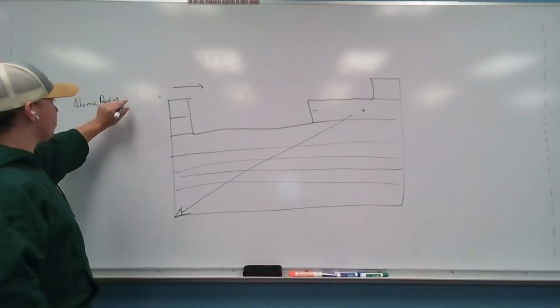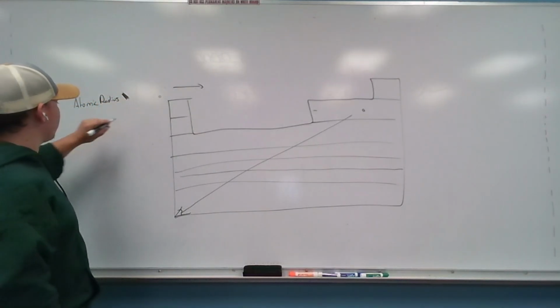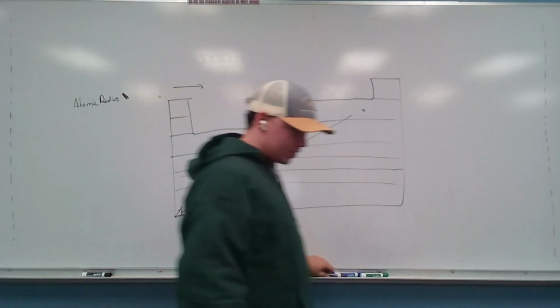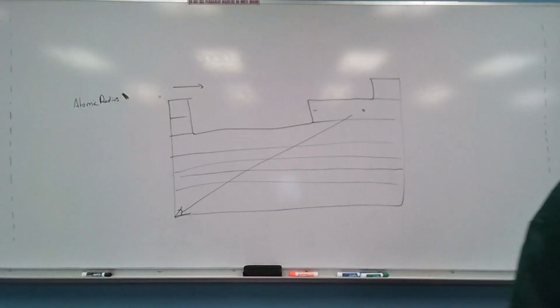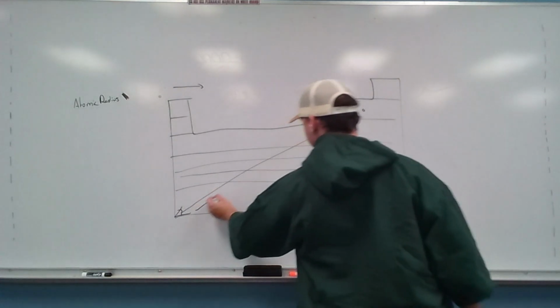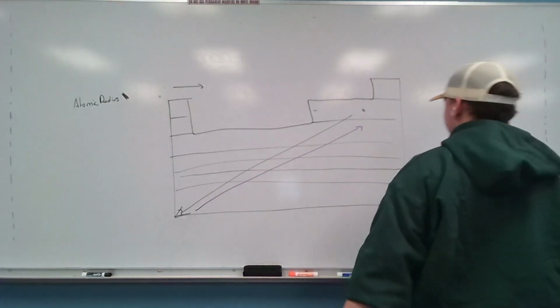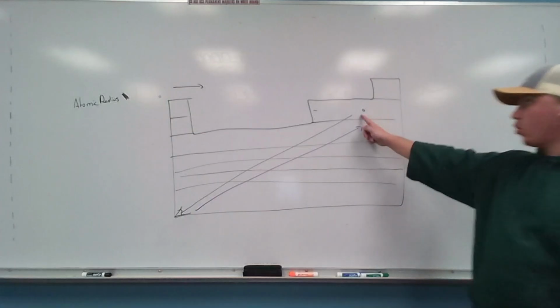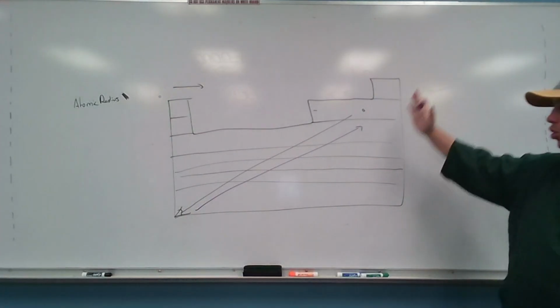Atomic radius, that's the color. Now it's time for electronegativity. So electronegativity is going to increase as you go this direction, with the least electronegative being francium and the most electronegative being fluorine. We do not count the noble gases.